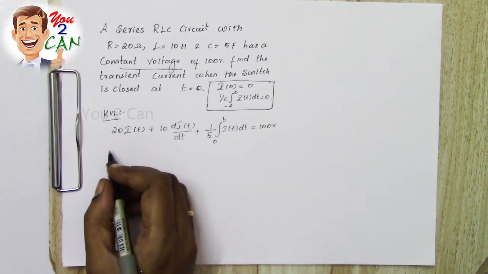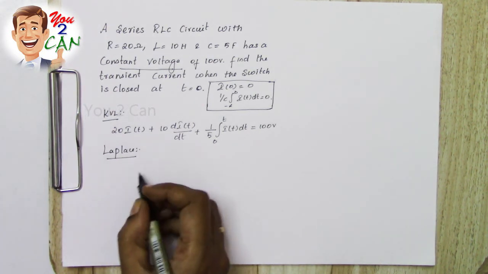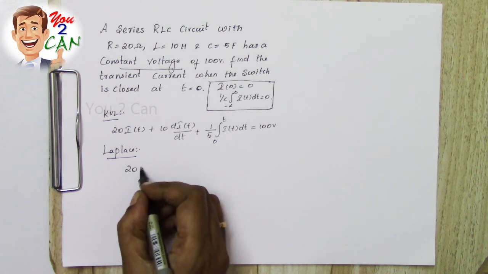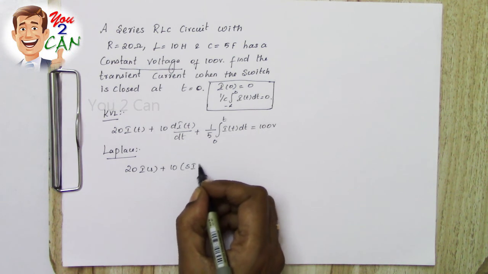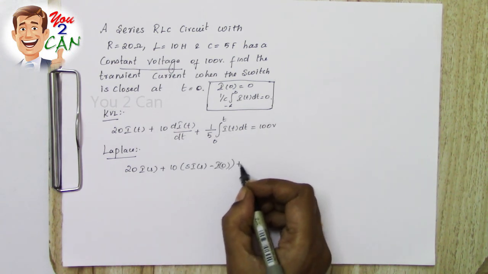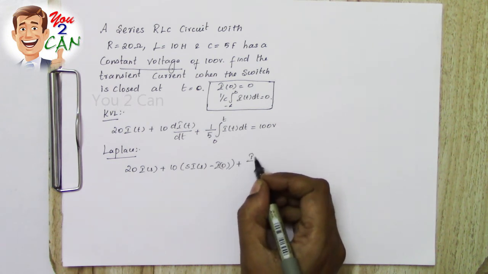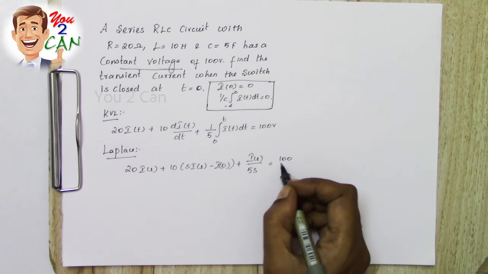Now apply Laplace on both sides. Now it is 20 I(s) plus 10 s into I(s) minus i(0), plus I(s) by 5s, which is equal to 100 by s.